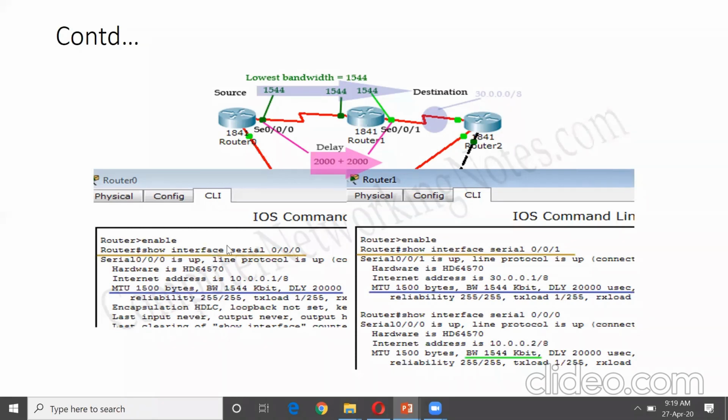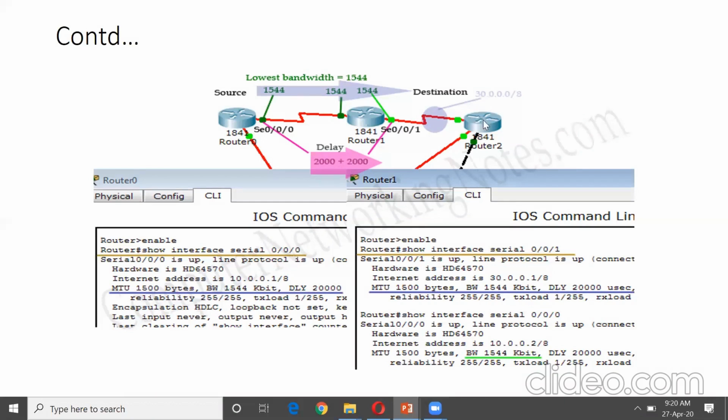So you can see MTU is 1500 bytes, bandwidth is 1544 kbps and delay is 20,000 microseconds. While using this delay in the formula, we need to use it in tens of microseconds, so the delay will be 2000. So this interface delay is 2000.